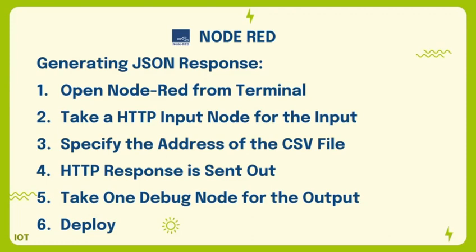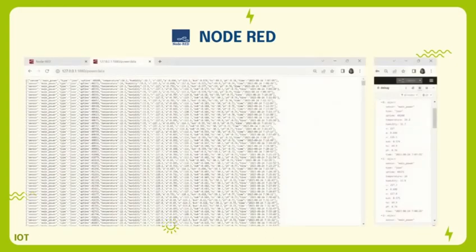For this, we have to open Node-RED from its terminal, take an HTTP input node for the input, specify the address of the CSV file, and an HTTP response is sent out. Take one debug node for the output and then deploy. This is the output.